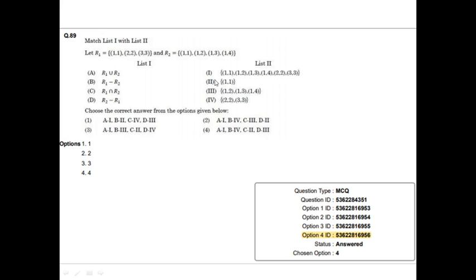Let me select the question, which is an application from set theory, an important and basic area in computer science. In this question, two lists are given, list 1 and list 2. We have to match list 1 with list 2 based on the operations performed on the sets.